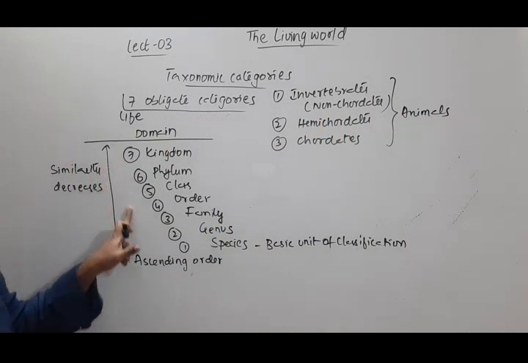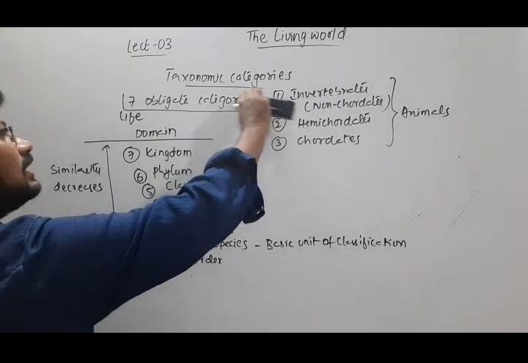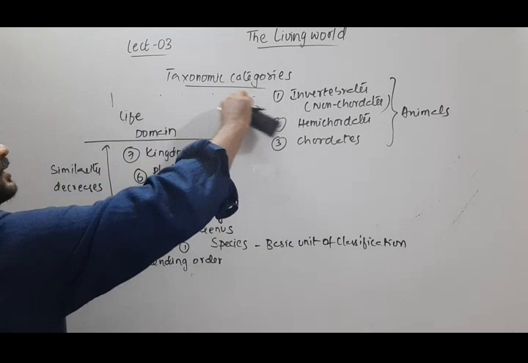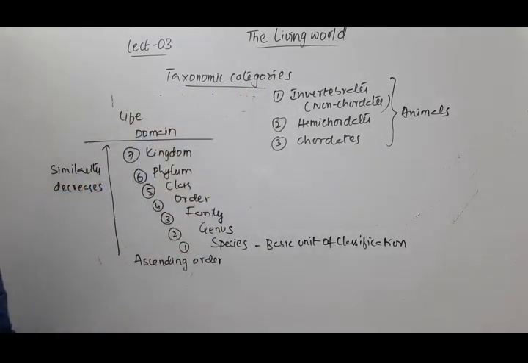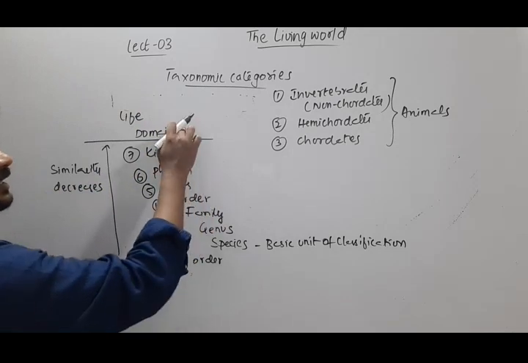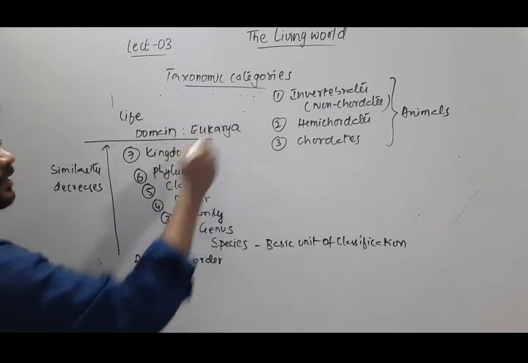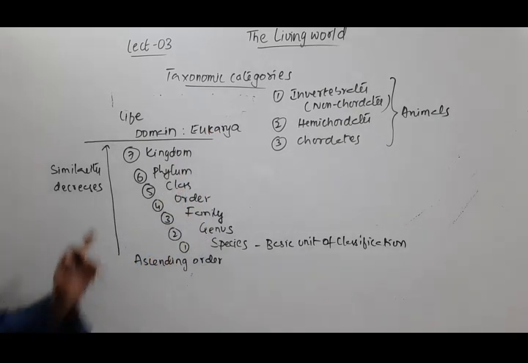And what is common to all these organisms is that they are all eukaryotes. So hence the domain will be Eukarya, under life.